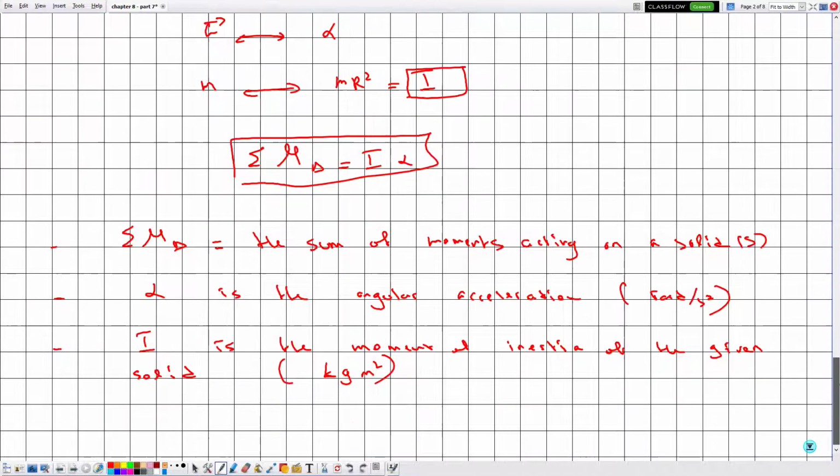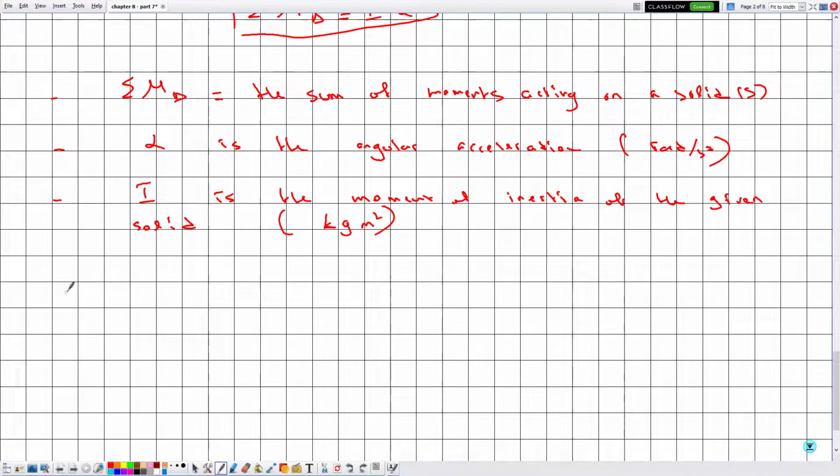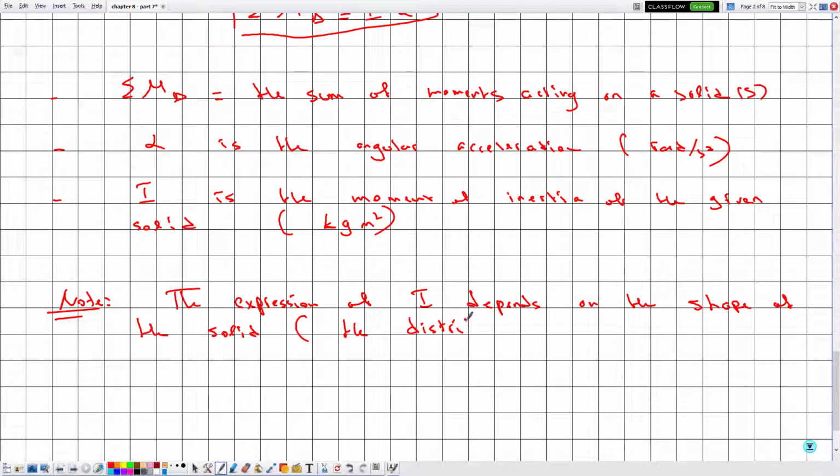Okay, and here let me write the following important note. The expression of I depends on the solid, on the shape of the solid, and by this we mean the distribution of mass around the axis of rotation.